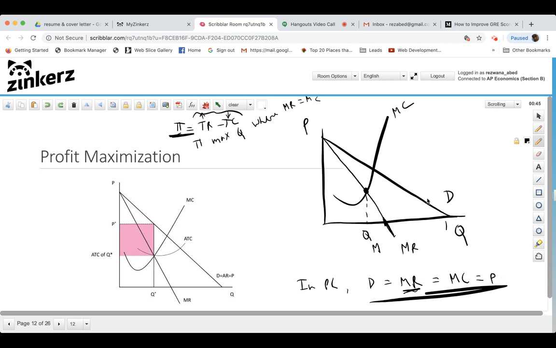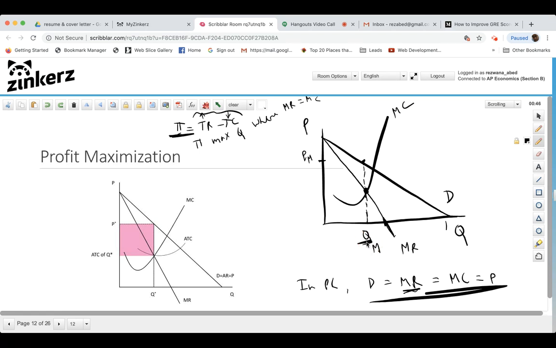With monopoly, once they find the quantity, they're going to find the price that they're going to charge for this quantity by taking this quantity and finding where it hits your demand. So I take this QM and extend it all the way until I hit the demand curve. Then I just go back to the vertical axis to find the price that they're going to charge to produce QM.